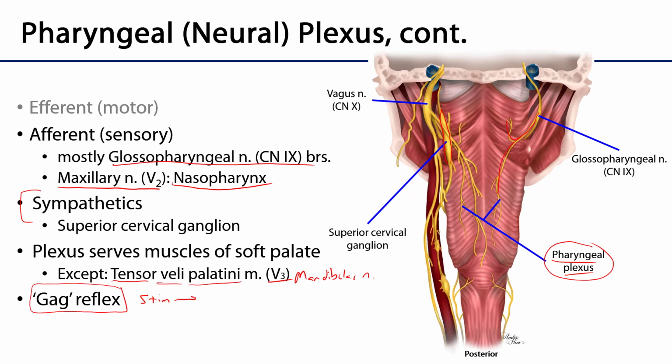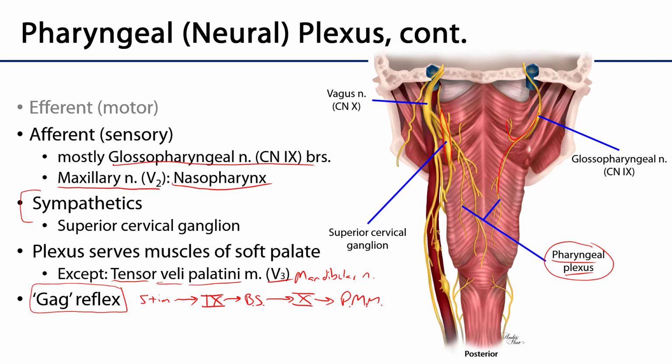The stimulus is going to be detected by the afferents here. And the afferents would be glossopharyngeal, cranial nerve number 9, and that's going to send a message back to the brainstem, where it will be integrated, and the brainstem is going to send out a response via the vagus nerve to the pharyngeal muscles, and it's going to cause those pharyngeal muscles to constrict.